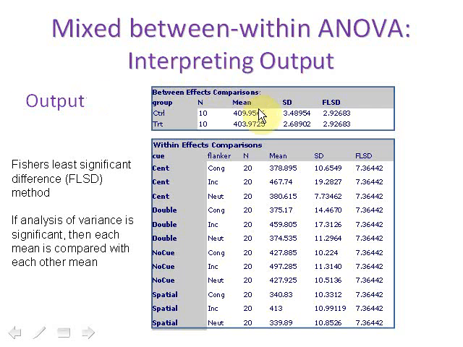Interpreting the output then, that's the between effects that we saw the graph for, and we've got the plot now of all of the individual means, and in this case we're looking at analysis in terms of Fisher's least significant difference.